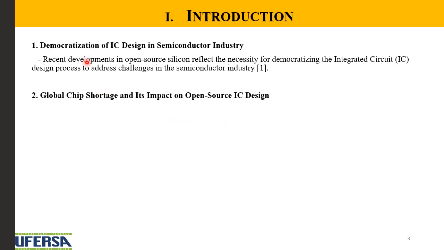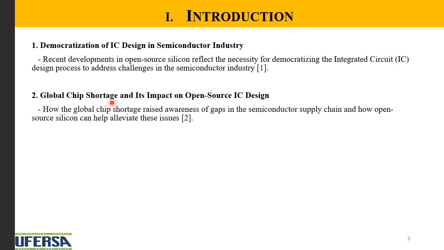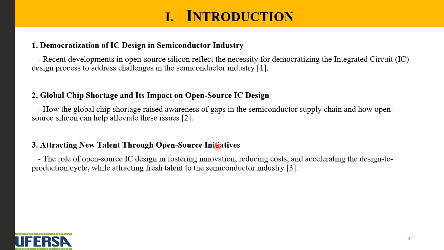This democratization also helps to solve the problem of the global chip shortage of professionals. Moreover, we can attract new talents through these initiatives, fostering innovation, reducing costs, and accelerating the design to production cycle.